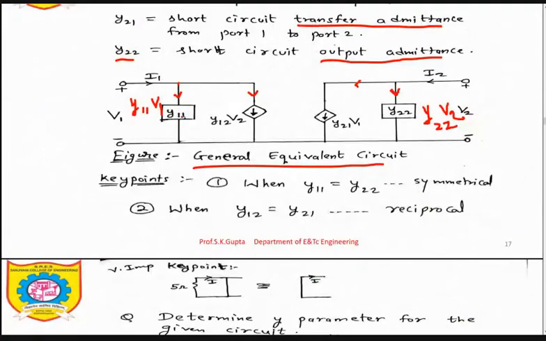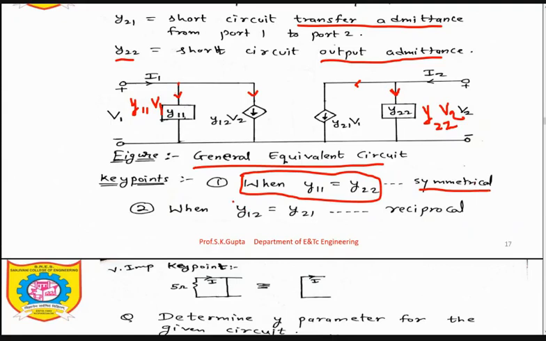Now key points. Whenever Y11 is the same as Y22, we say that the network is symmetrical in nature. This is the condition for symmetry for Y parameters: Y11 equal to Y22. Symmetrical means we can divide the network into two equal halves.